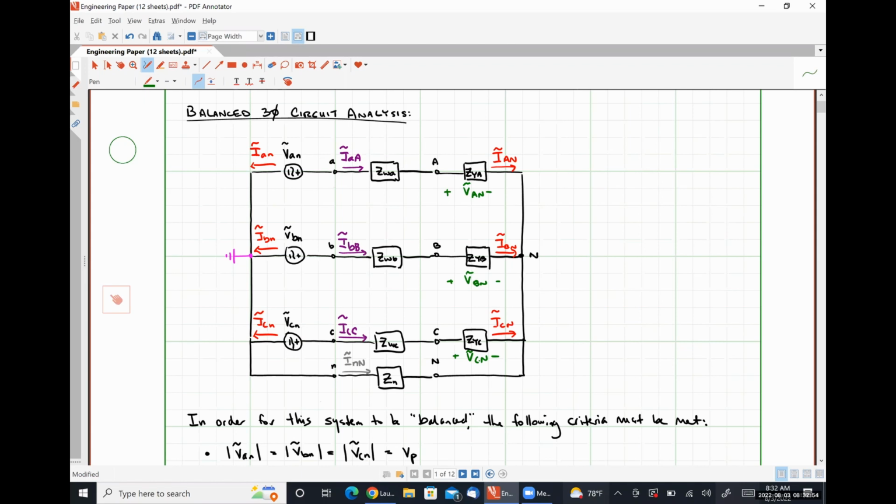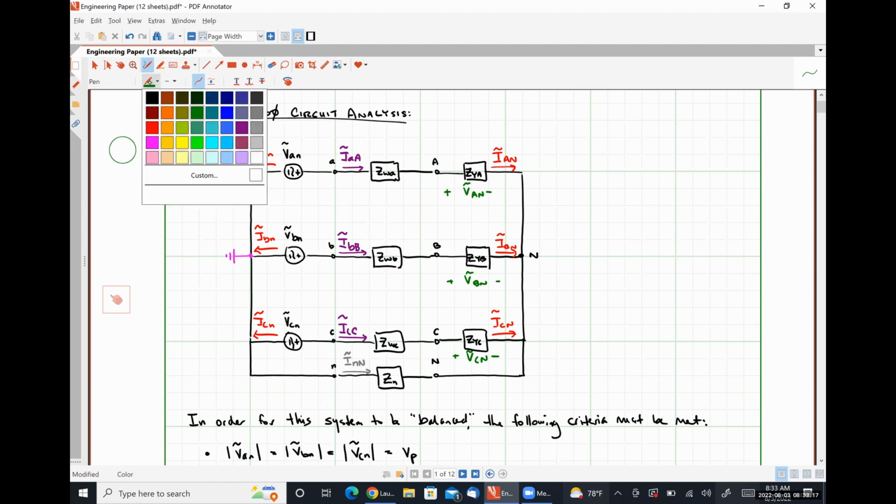So if the currents have the same magnitude but are 120 degrees out of phase and impedance ZYA, ZYB, and ZYC are literally identical, then the voltage drops across each of these impedances will have the exact same magnitude and they will be 120 degrees out of phase with each other.